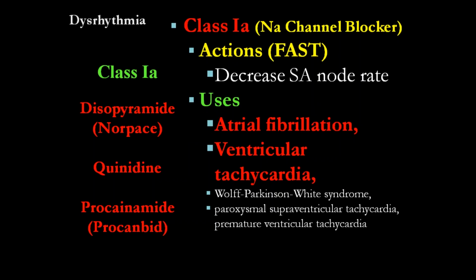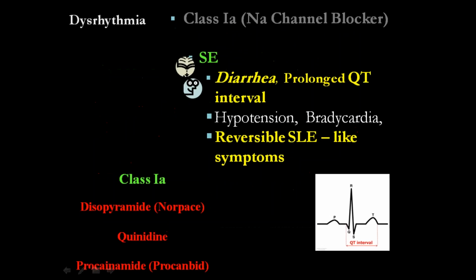There are channels in the membrane of the cell that allow the fast entry of sodium, and other channels that allow the slow entry of sodium. So class 1 is going to block the receptors that allow sodium to enter very fast. They are the sodium channel blockers.